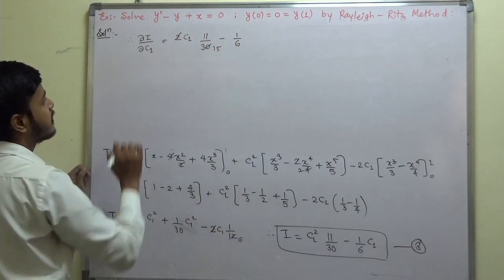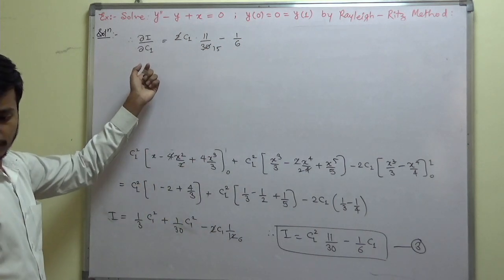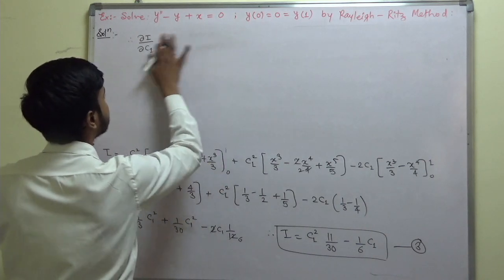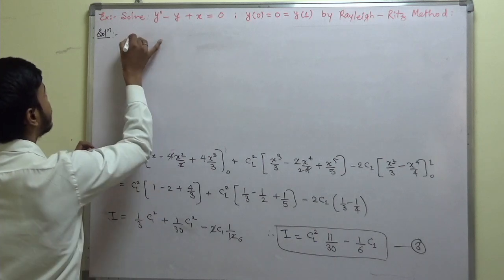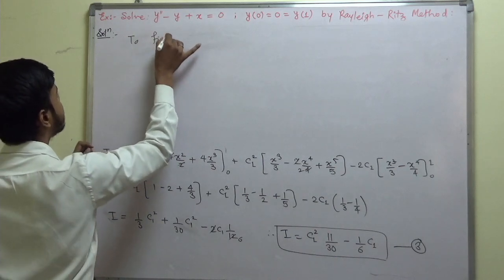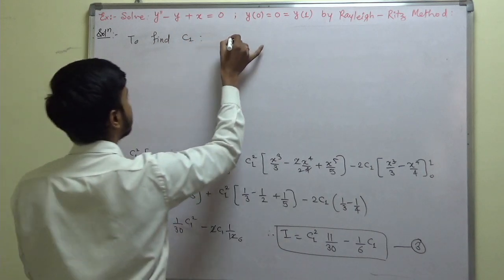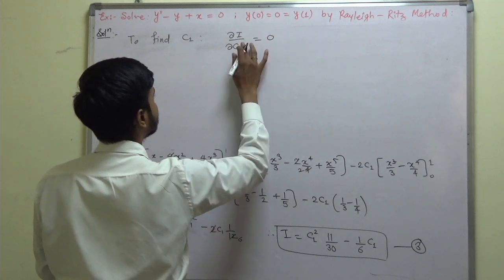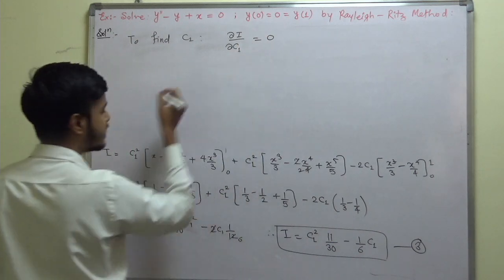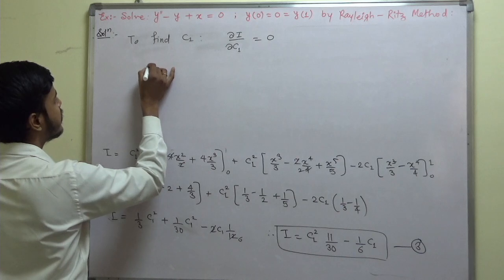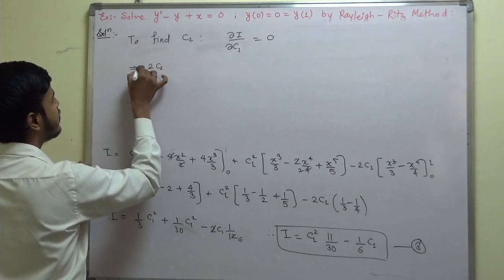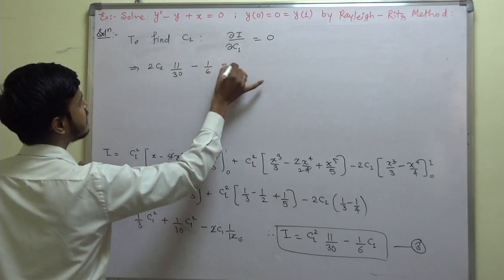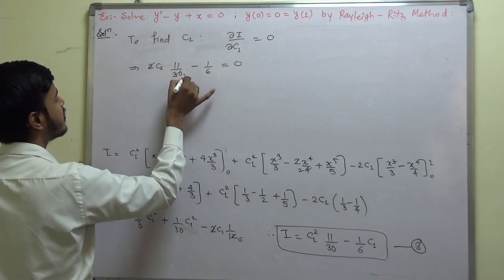To find c1, del I by del c1 is equal to 0, so 2c1 into 11 by 30 minus 1 by 6 is equal to 0.